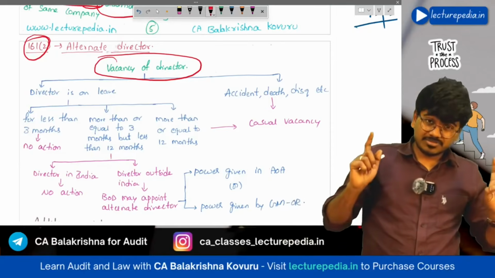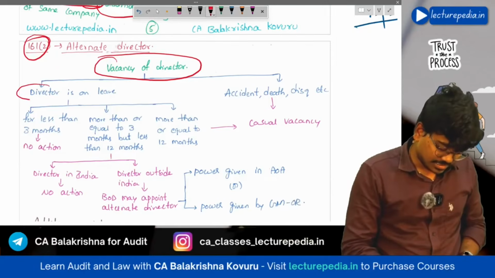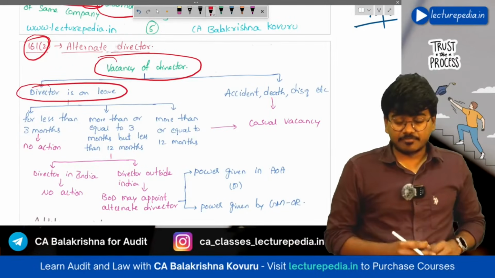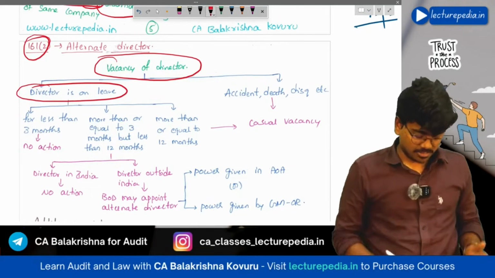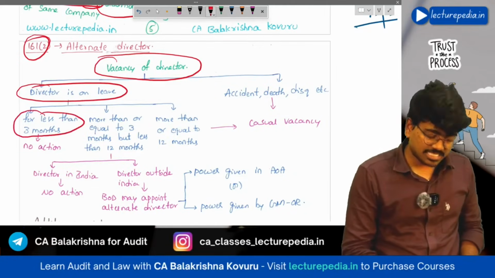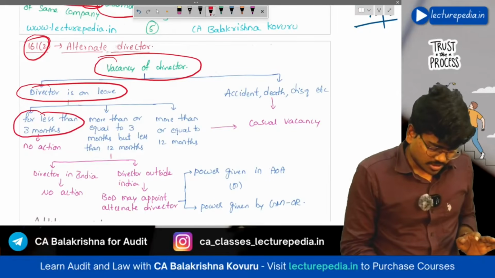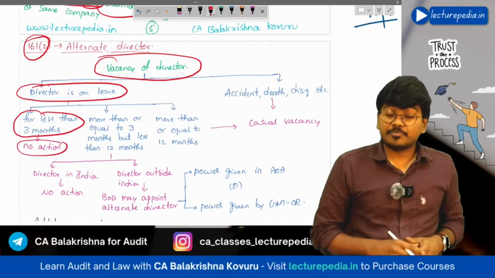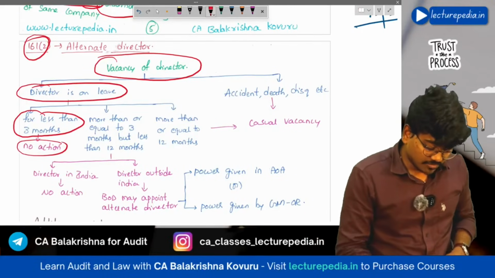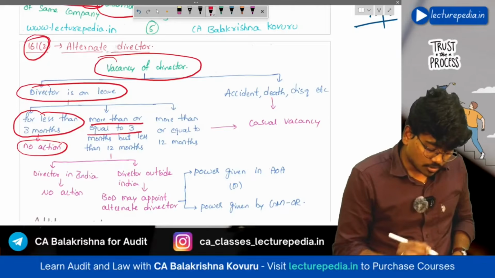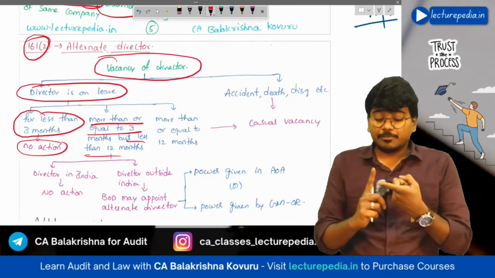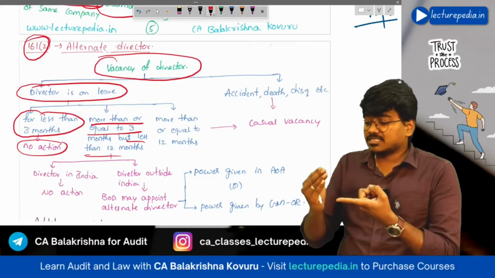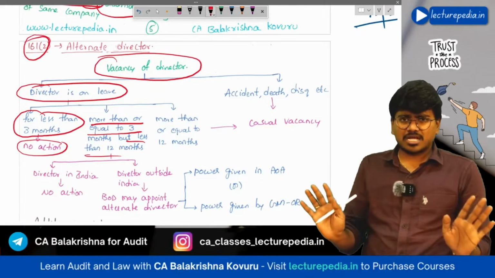If the period of leave is less than 3 months, in such a situation no action needs to be taken. If the period of leave of the director is less than 3 months, then no action is required.